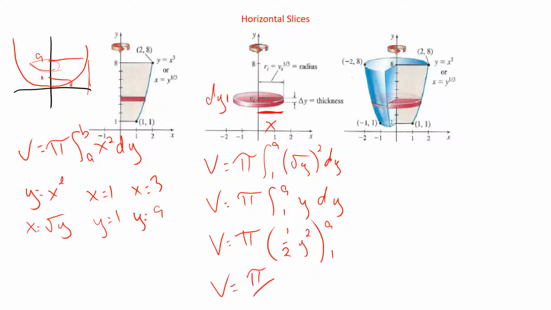So we'll have pi over 2, 9 squared minus 1 squared. 9 squared is 81, minus 1 squared is 1. That's going to be 80. So this gives us 80 divided by 2 is 40 pi, which is about equal to 125.66.